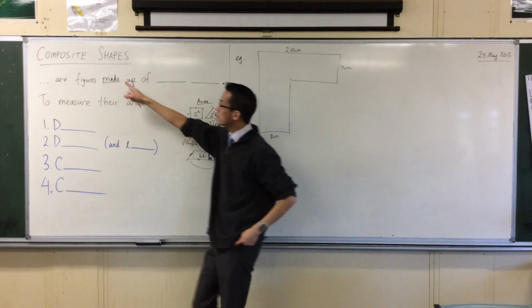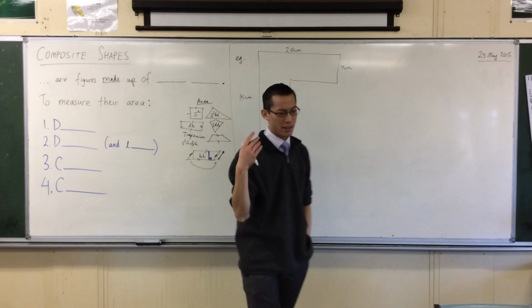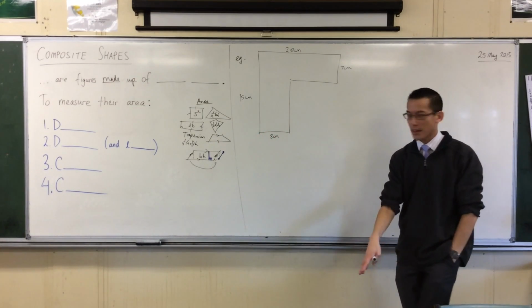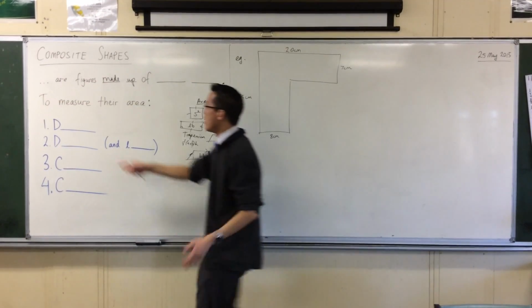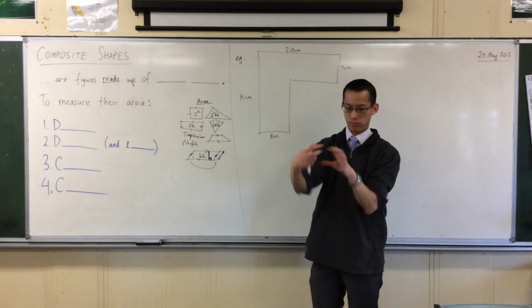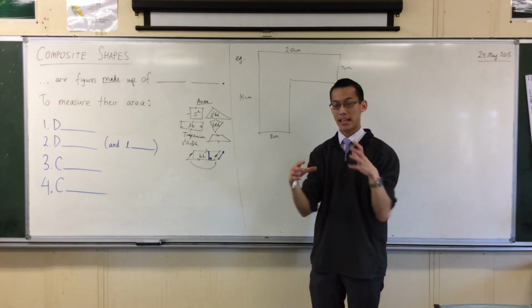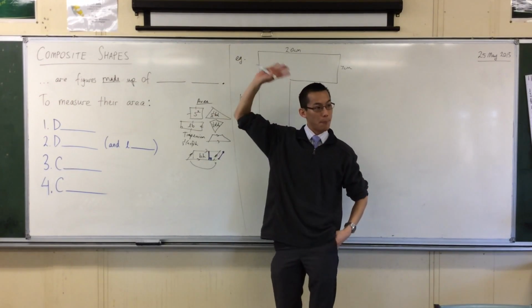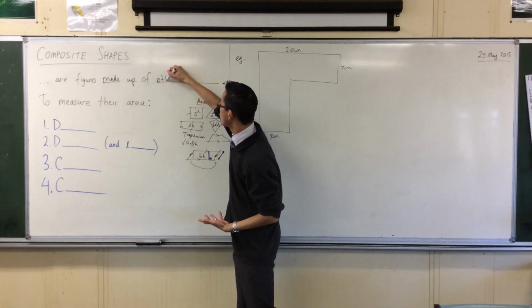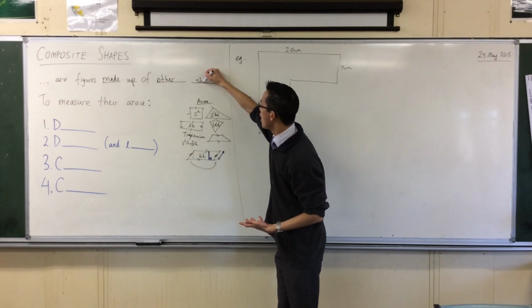Okay, that's what composite means. In fact, if you have any siblings or friends, family friends, who are engineers who work with materials, they'll often talk about composite materials, right? Which is like when you put together more than one metal, for instance, and it makes something else. Same deal with composite shapes. You put together multiple shapes, you get something else. So composite shapes are figures made up of other shapes.